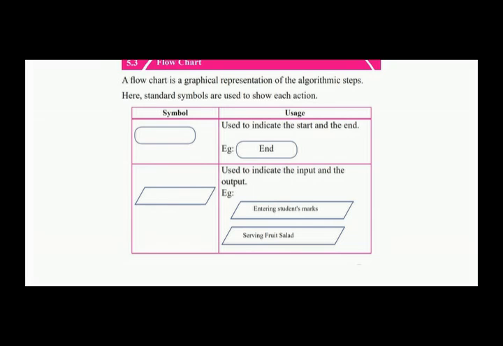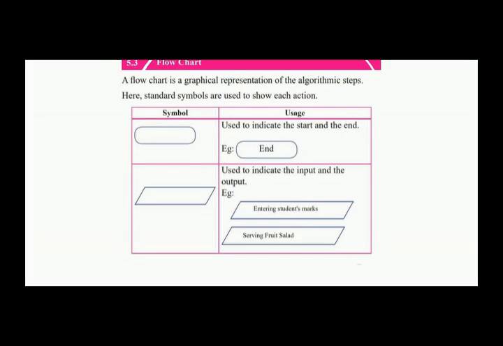Now here, when you are writing a flow chart, you can't use whatever symbols come into your mind, right? You can't draw it with the symbols you like, right? There are some specific symbols for each of the actions, okay? So you have to use them. Otherwise, your flowchart will be wrong.